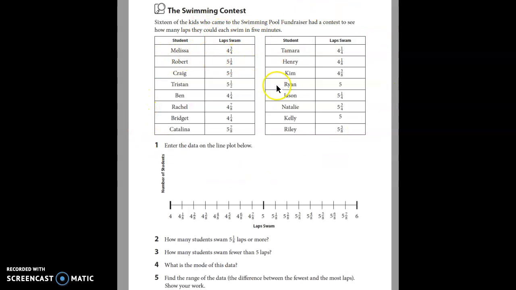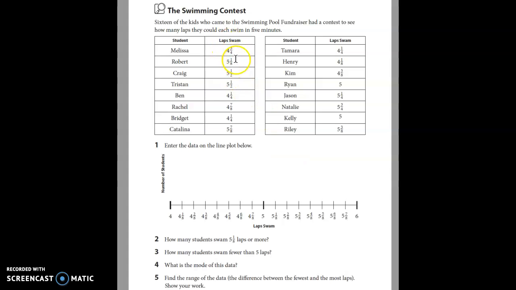Here are the 16 students and how many laps they swam. Number 1, you're going to enter the data on the line plot below. You're just going to put an X over by each person's time, or how many laps they did. Now, if you notice, down here, all of our denominators are in eighths.